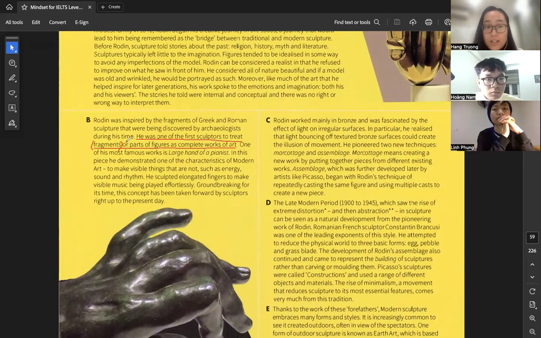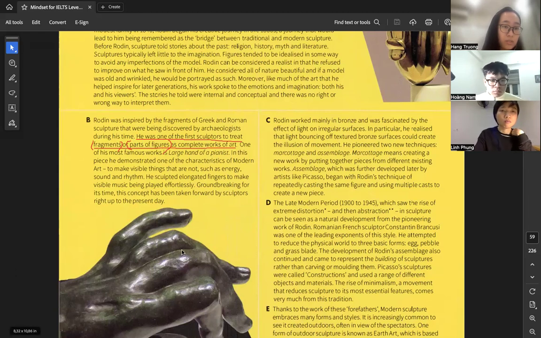Whole means everything. Fragments means only little bits and pieces of a thing. Những cái mảnh, những cái mảng, right? Parts of figures as well. So he doesn't see this as incomplete work, but he regards them as just art, right? So yeah, it's true. Very good.